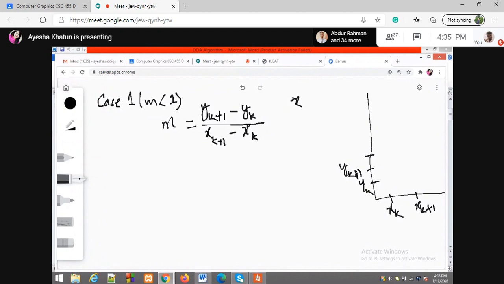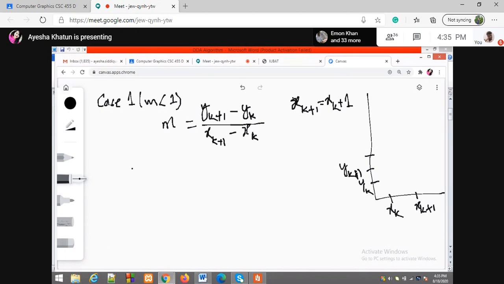So what we know in the first case or first condition, if m is less than 1, according to the algorithm, we know that xk plus 1 equals xk plus 1. Okay.